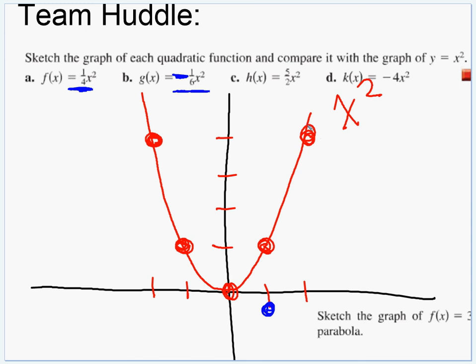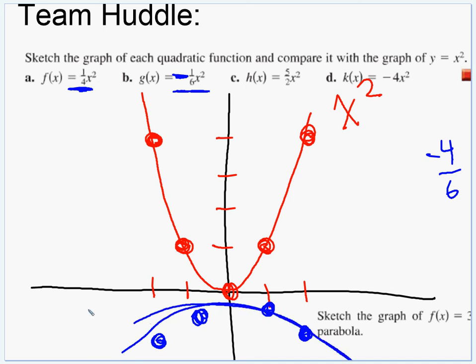This point here would also be reflected over to negative 4, but it would also be divided by 6. Negative 4 divided by 6, so that would be even less than negative 1. And we would see similar reflected points over here. So this one is now opening down, and it's a very widely opened parabola. It's more open, more wide than what we saw in part A.